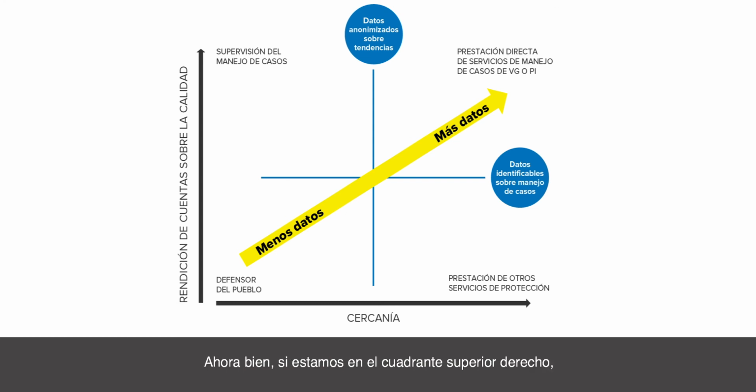Now, if you're up in that upper right-hand quadrant, you're going to be needing both of those, right? You're going to need the trends and the key performance indicators to really understand the service provision that's being done, as well as the information that's necessary for case management, because you are actually providing those services.